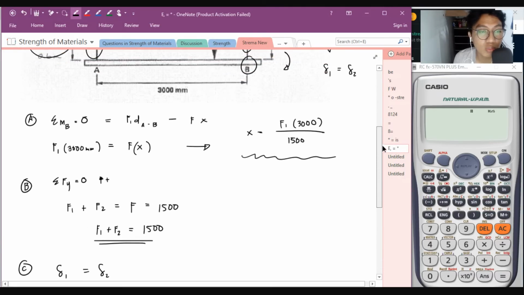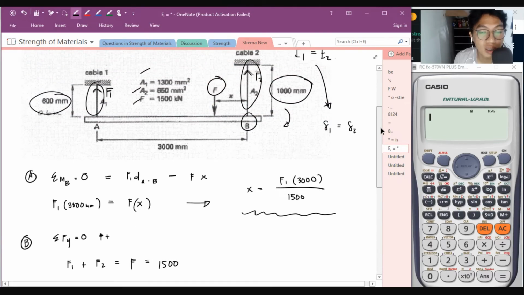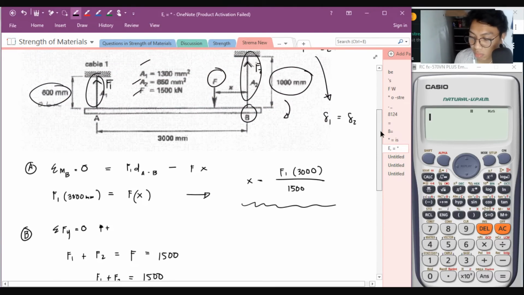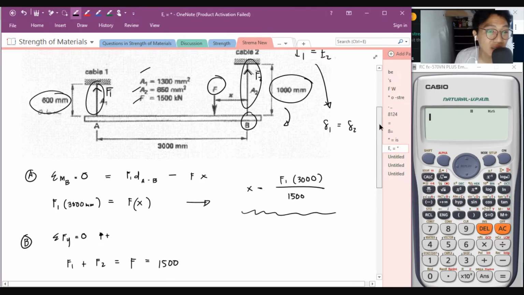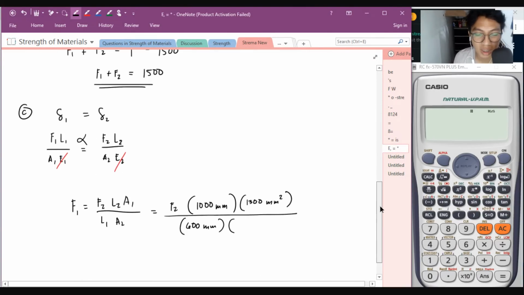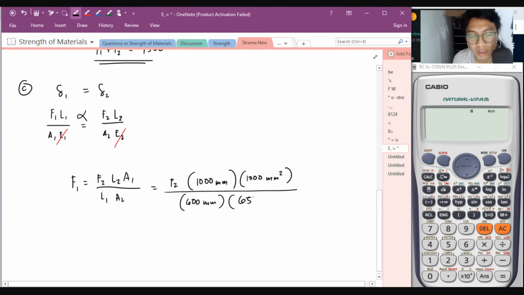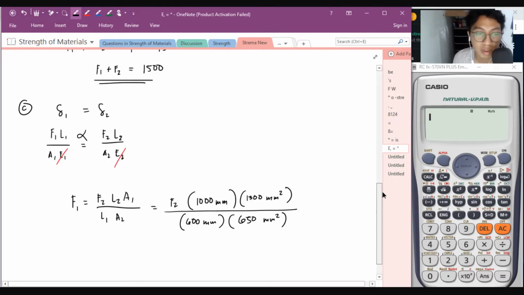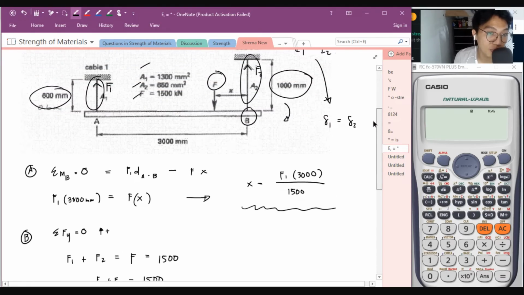Tapos A2 is 650 mm squared. Ay, tama naman, 650, hindi yan 850.